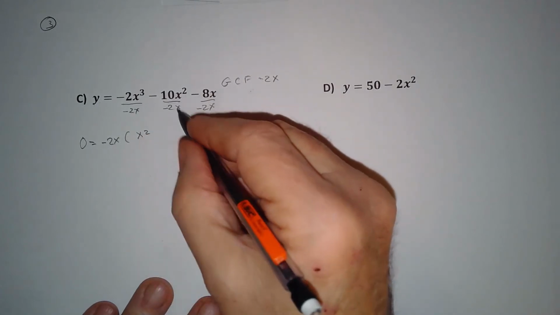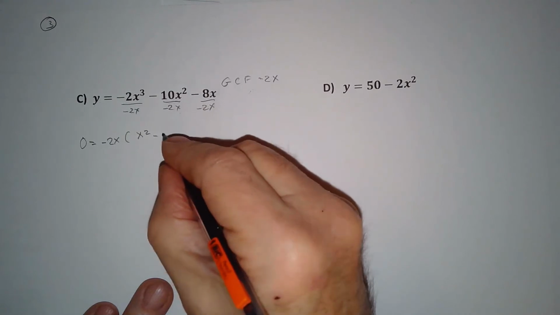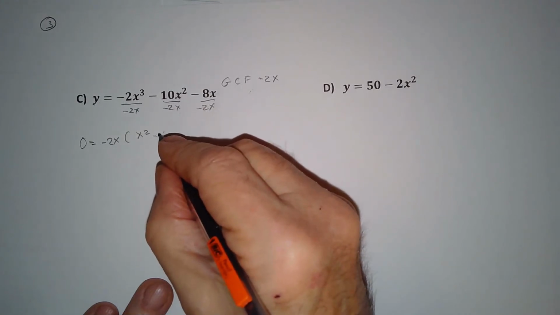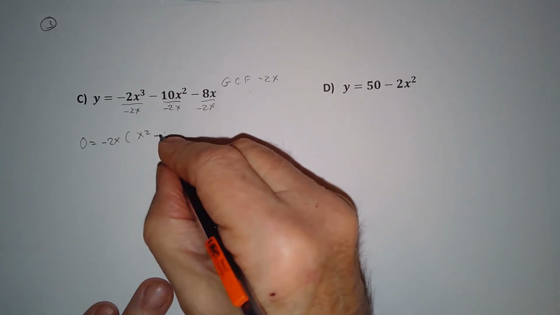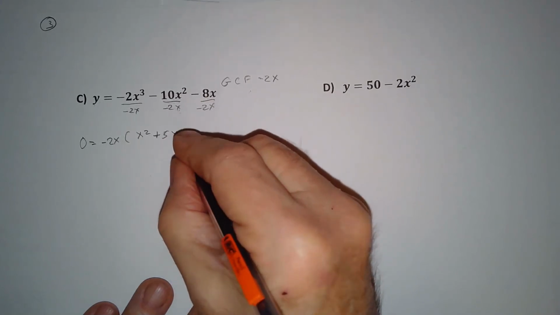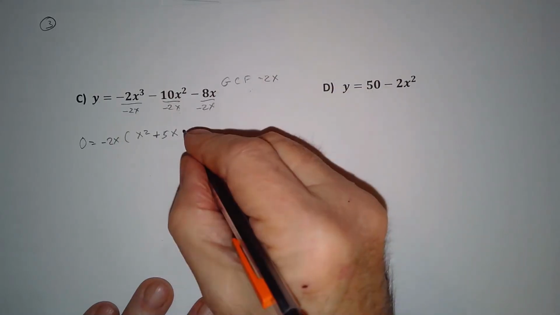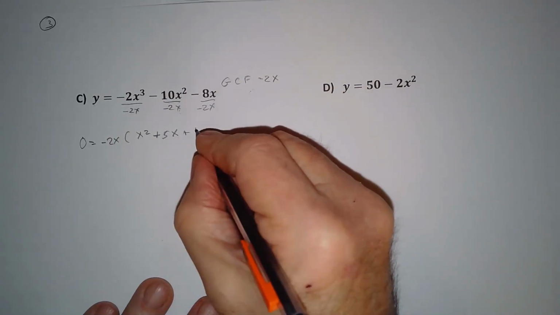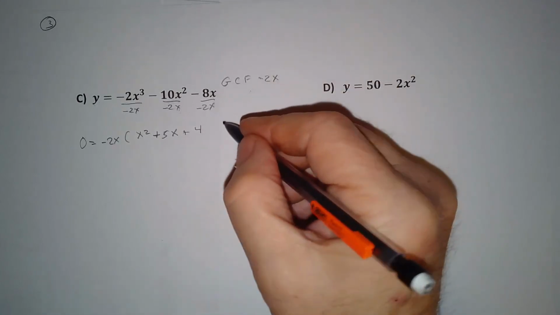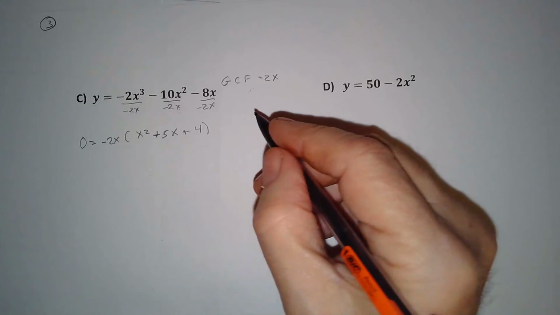And then over here, -10 divided by -2 is, no, +5, isn't it? +5x, and then x squared divided by x is 5x. And then -8 divided by -2 is +4. And the x's cancel because x divided by x is 1. So now I have my trinomial.